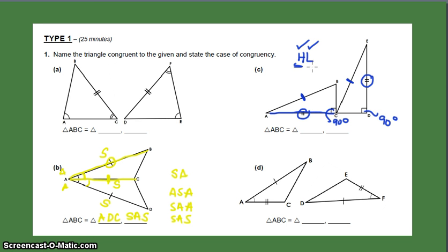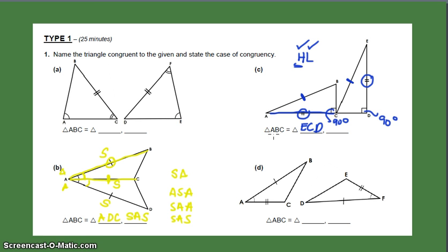Since we have satisfied the H and L, we can conclude that triangle ABC is congruent to triangle ECD. You have to be careful when you name the triangle.